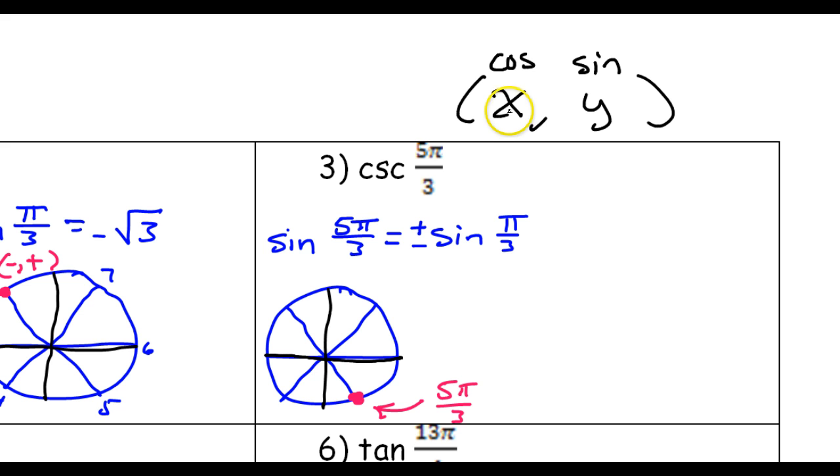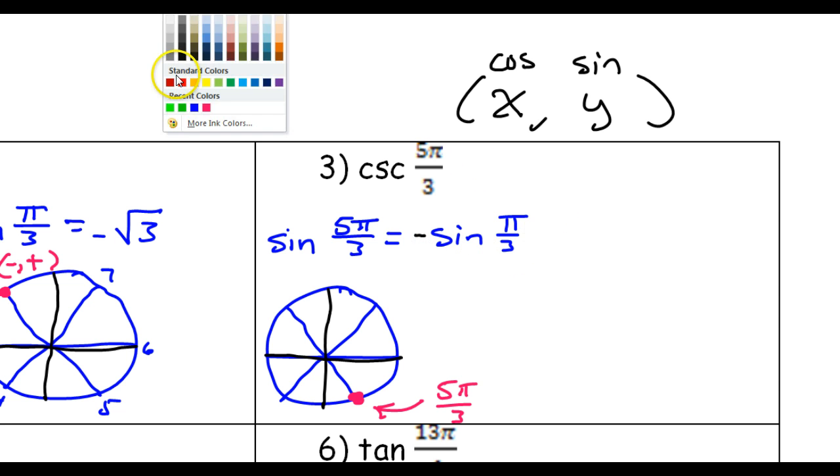So the x value is cosine, the y value is sine. So right now we want to know about the y value since that's sine. This will be negative because in the fourth quadrant the y value is down, it's below the x-axis, so it's going to be negative. Okay, so it's definitely going to be negative sine of pi over 3.